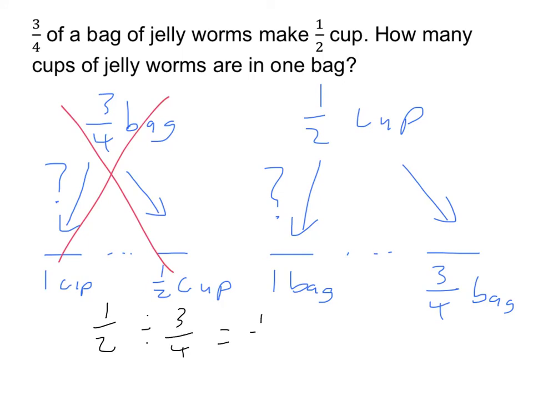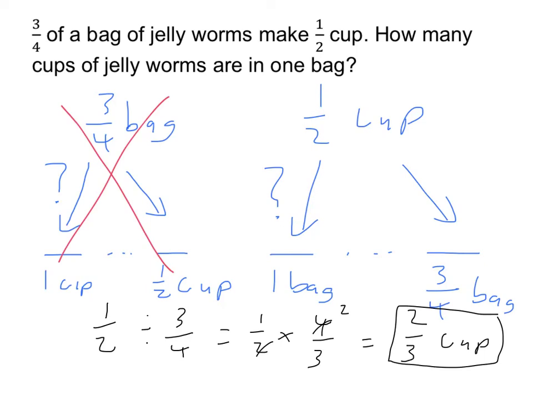We do this arithmetic, 1/2 times 4/3, and simplify things a little bit, so this is going to be 2/3 of a cup. So there's my answer. This says that 2/3 of a cup are going to go into one whole bag. And that's exactly what we want.